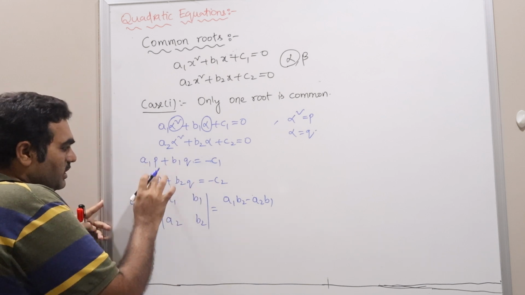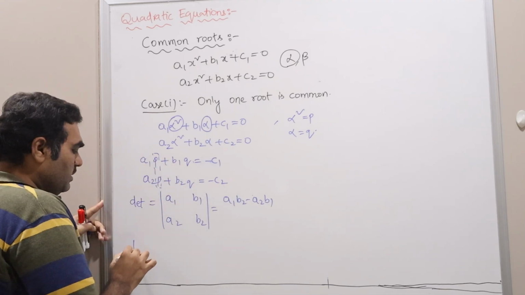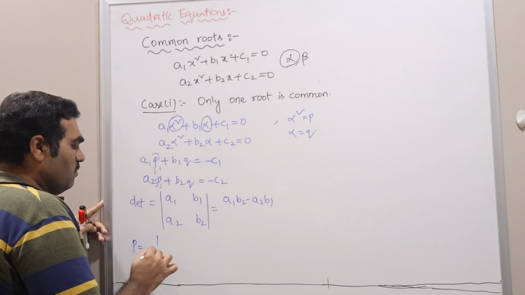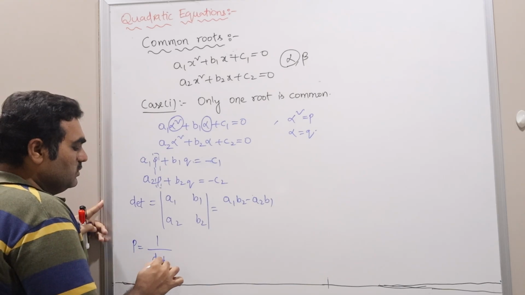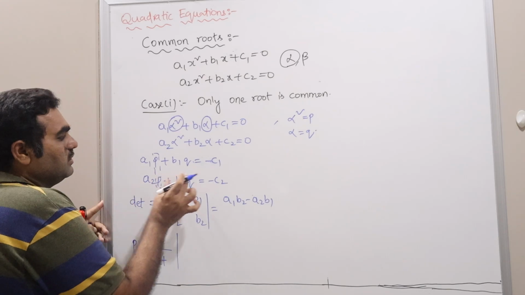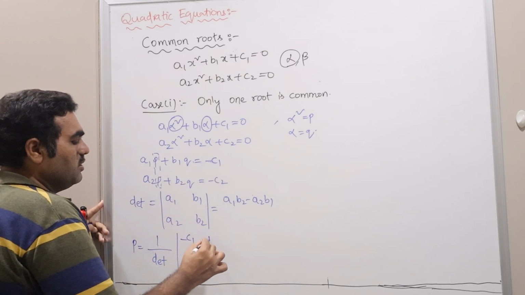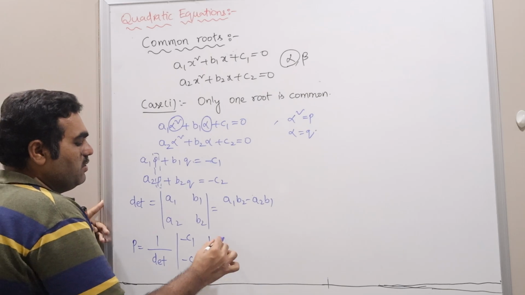If you want this variable, it is given by 1 by the determinant value into the determinant in which you replace this column with the constants, minus c1 minus c2, keeping b1 b2.